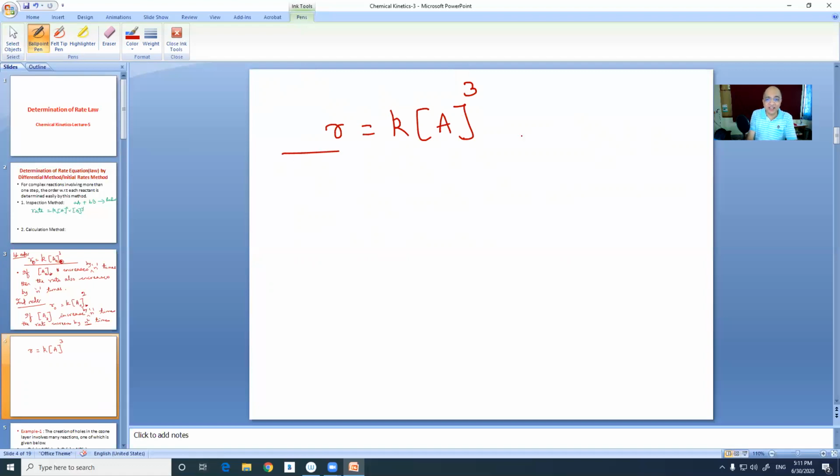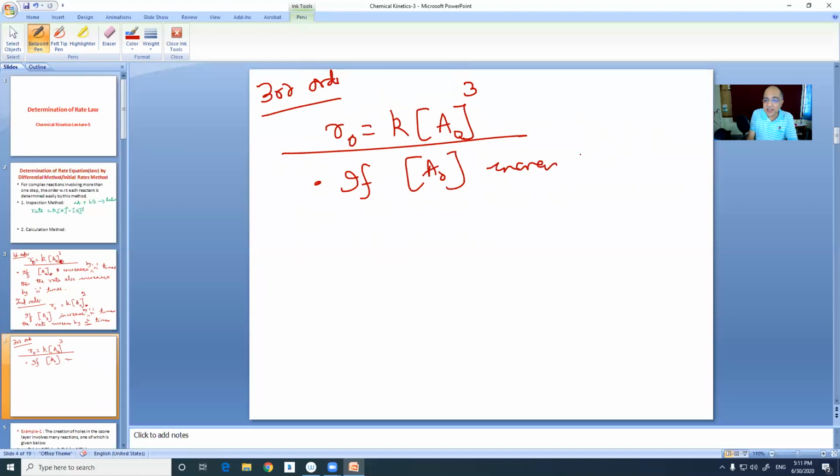If the reaction is third order with respect to a particular reactant, then if A0 increases by n times, the rate, on the left side, increases by, tell me, by n cube times.